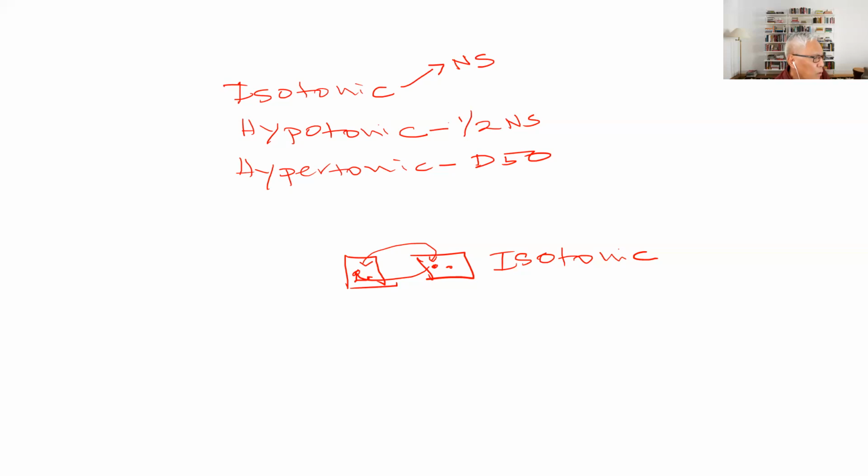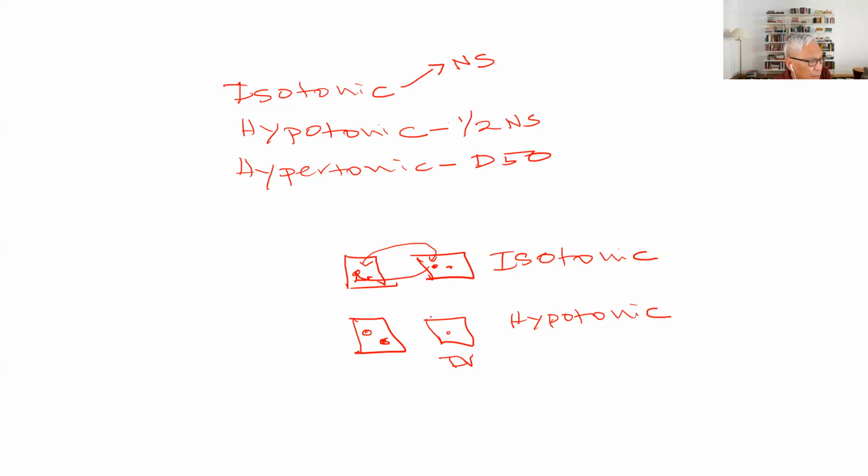All right, now let's say that I have over here 2 particles, and this one is my IV, and it only has 1 particle. Where does the water go when I give a hypotonic solution? From an area of lesser concentration, you remember, to an area of greater concentration.